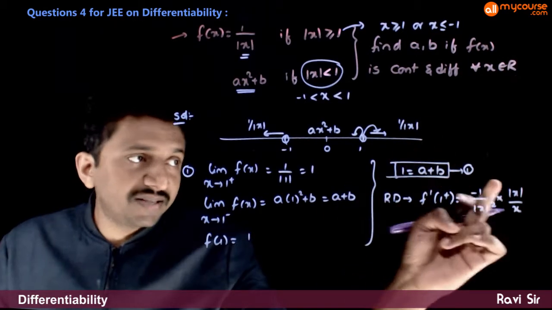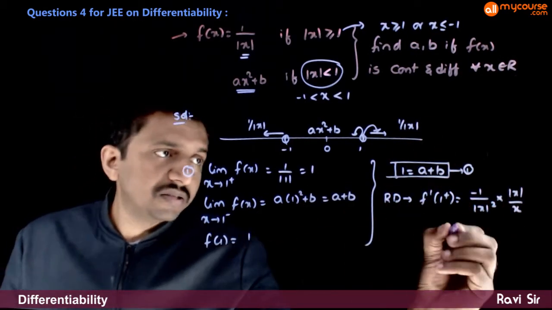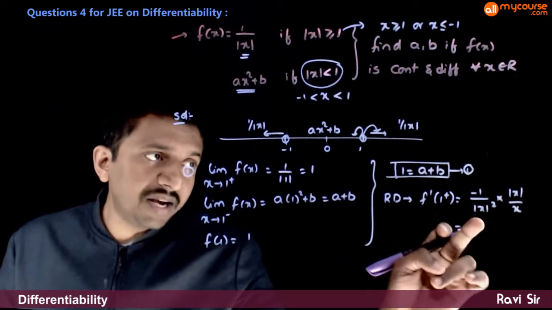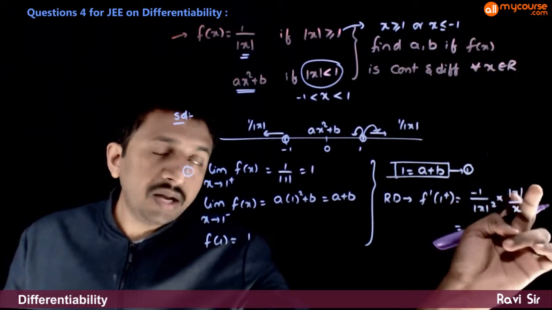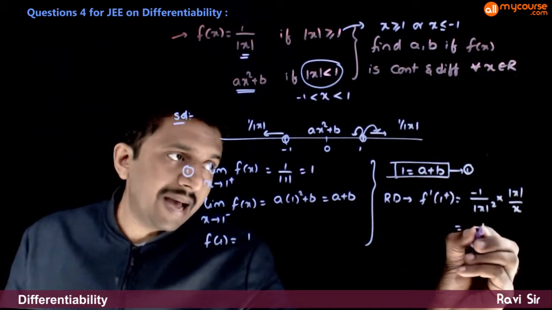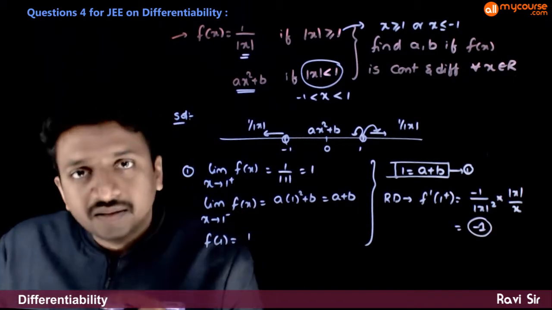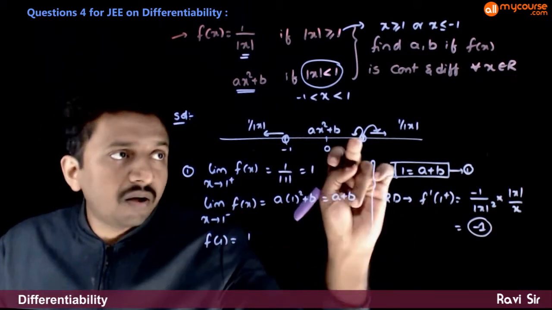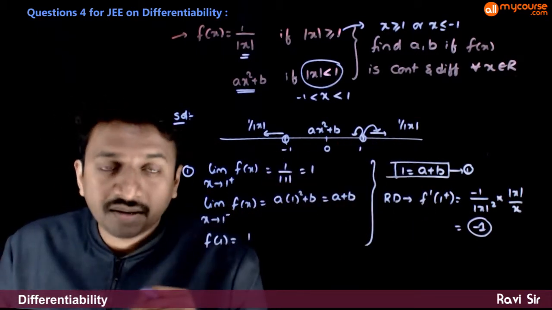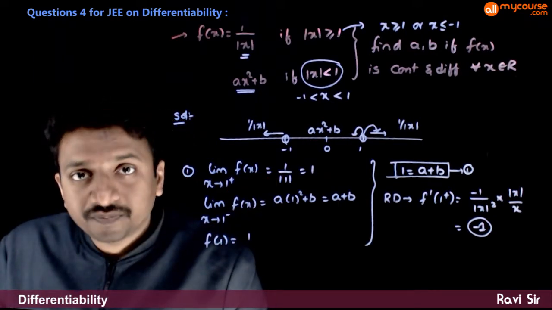So if you put 1 here, so minus 1 by 1 into 1, you get minus 1 as the answer. So the differentiation on the positive neighborhood of 1 is minus 1.